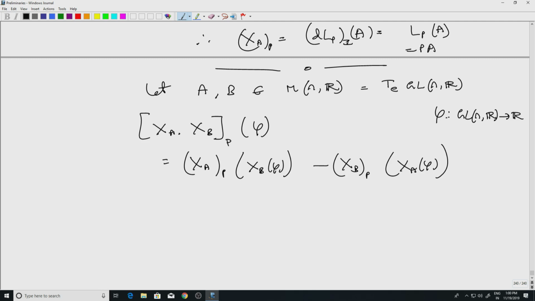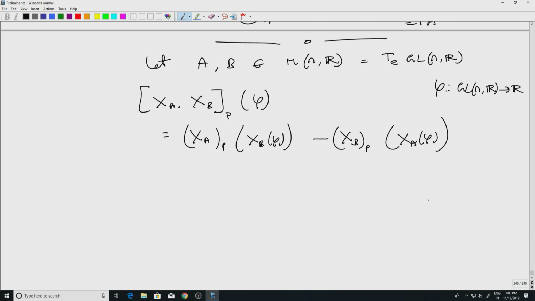Before that, now what I would like to say is that instead of considering all functions phi, I claim that it's enough to understand its action on certain functions.